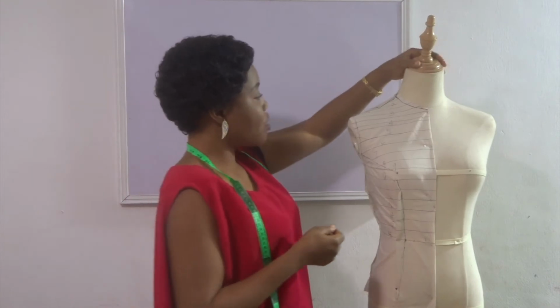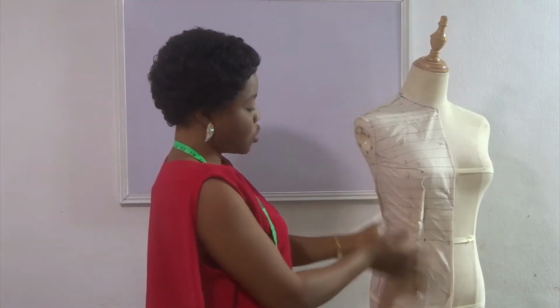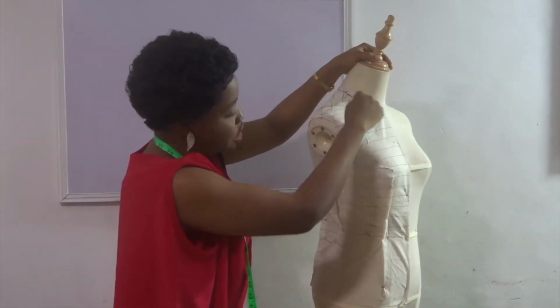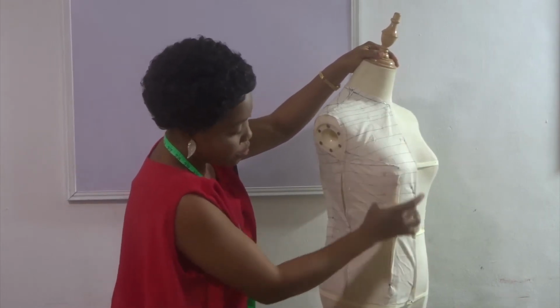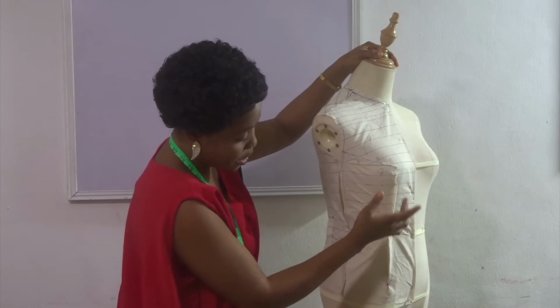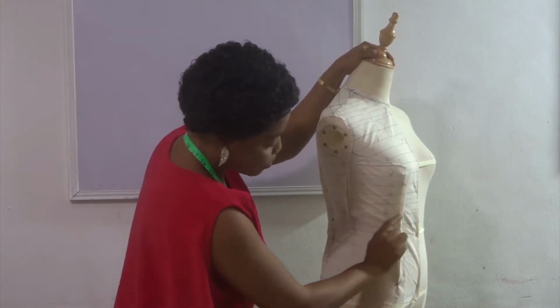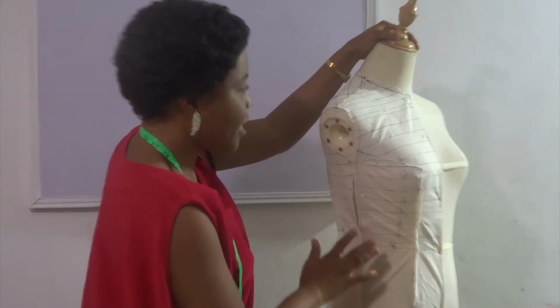Now, I had already pinned this close to it so that you can know what I'm saying well. From this edge here, I made sure the clothes were fitted with pin on this body form. And I actually drew this line beforehand, inch by inch, so we can know exactly how many inches.